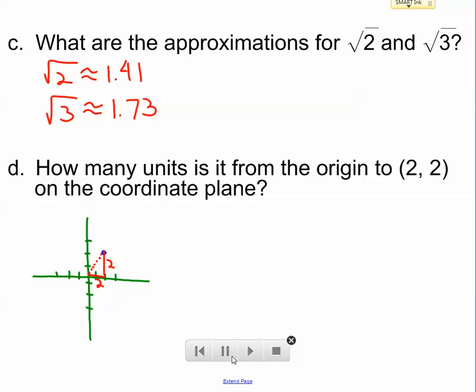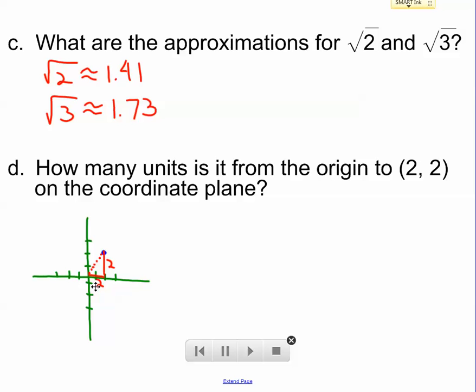So that red dotted line is what we're trying to figure out. Now, I formed a right triangle here, but it's also an isosceles triangle, which means it's a 45, 45, 90 triangle. Remember, it's supposed to be 1, 1, square root of 2 for the hypotenuse.